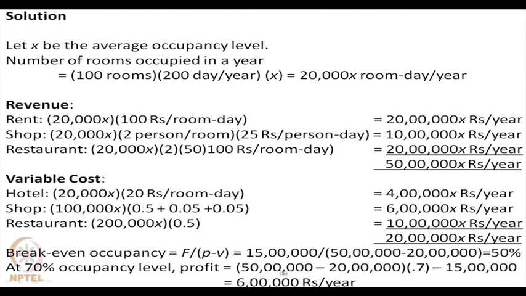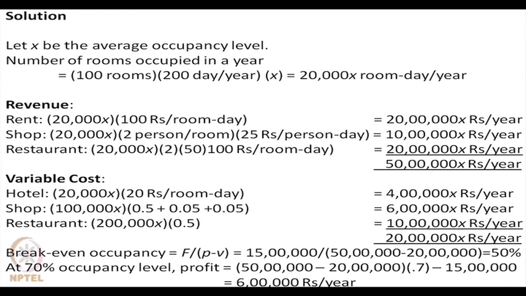So, 50 lakh minus 20 lakh, that is P minus V, the contribution margin, into 0.7 occupancy level, that is the revenue minus the fixed cost, that will give us the gross profit of 6 lakh rupees per year. So, this is an example of how to apply break even analysis.